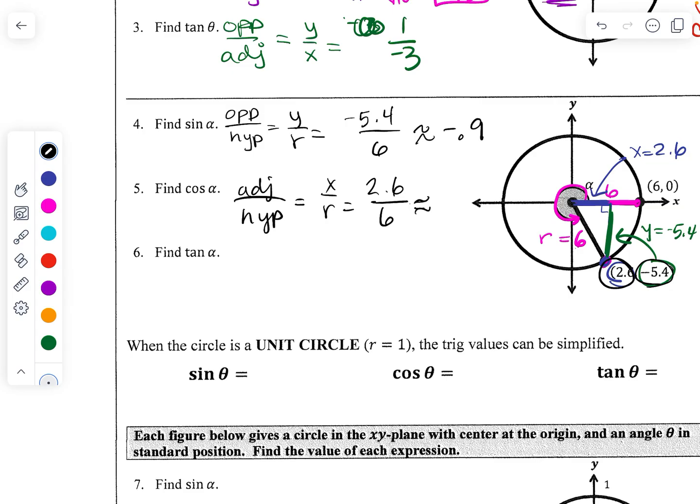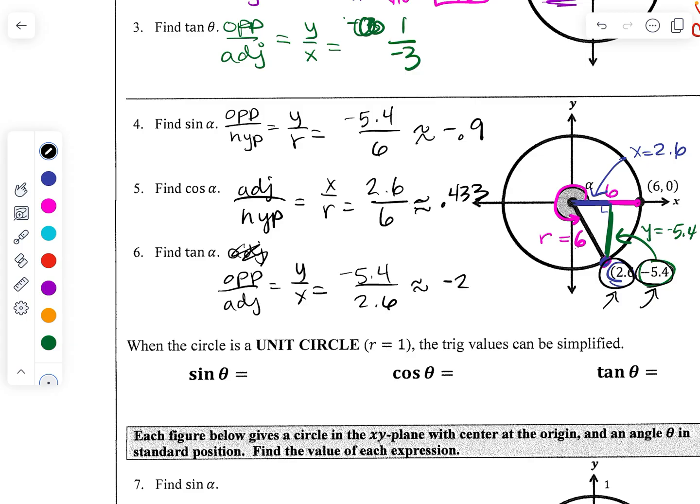Plug that in your calculator. You get approximately 0.433. And finally, tangent is opposite over adjacent, which is y over x. Y is -5.4 over x is 2.6. And we get approximately -2.077.